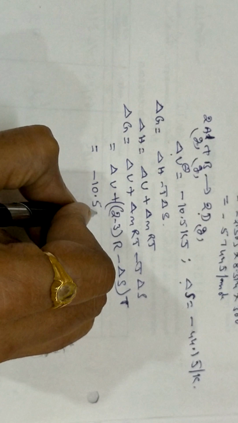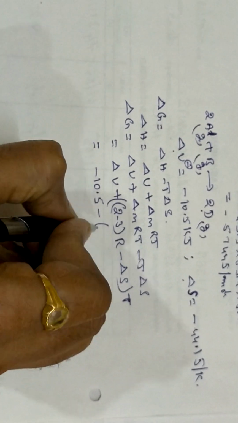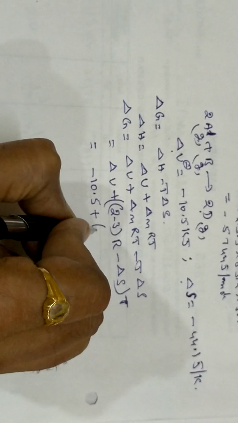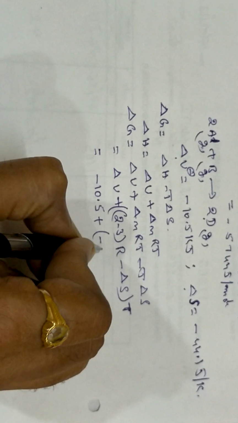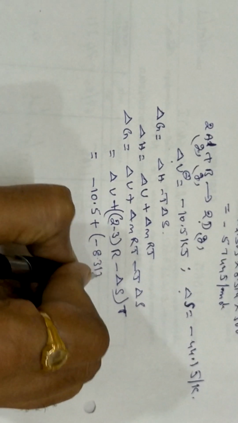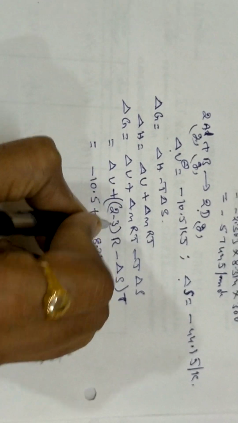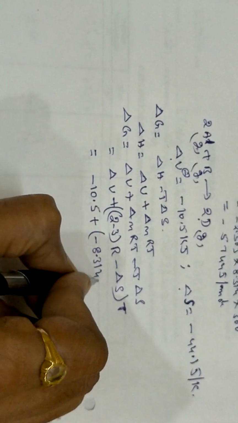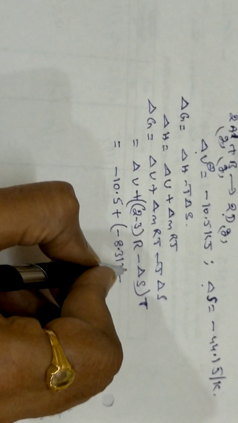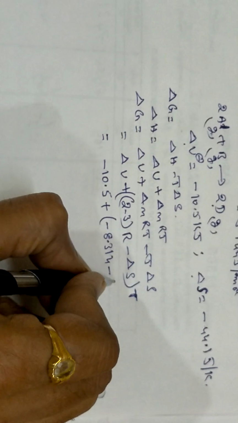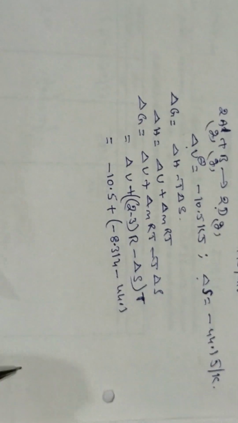So 10.5 plus, 2 minus 3 is minus, R value is 8.314, minus delta S, which is minus 44.1.